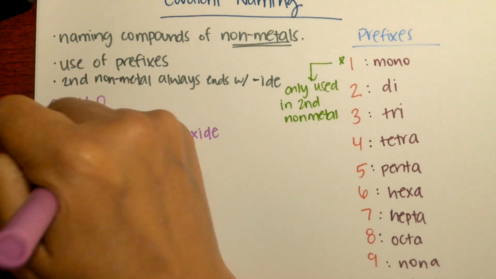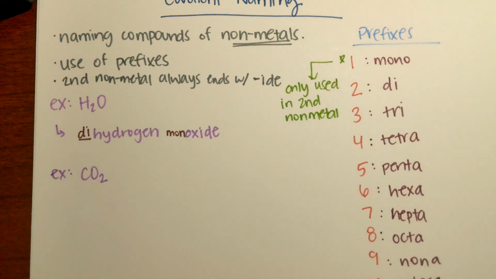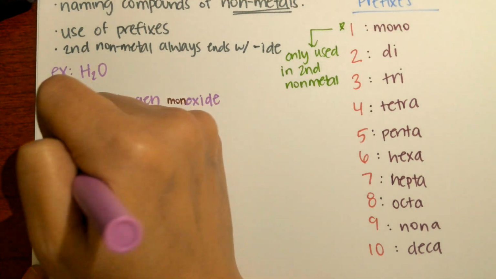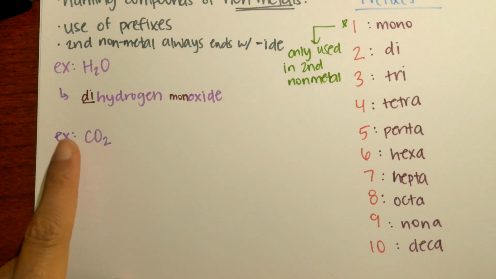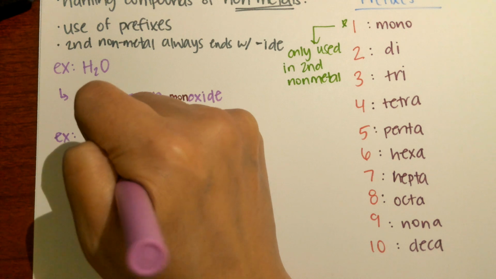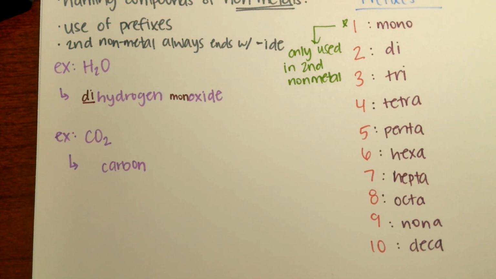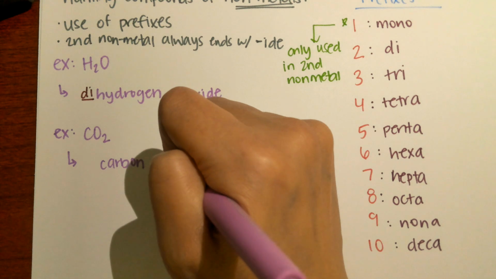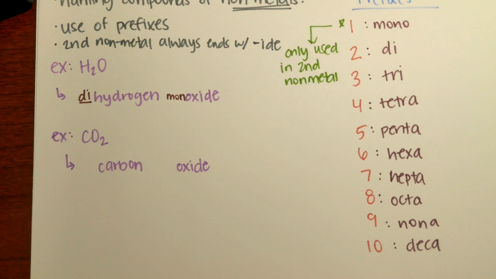Here's another example, another thing that we know, CO2. First we write the actual names of the nonmetals. C is carbon, and then O is oxygen, so oxide. Then we look at our prefixes.